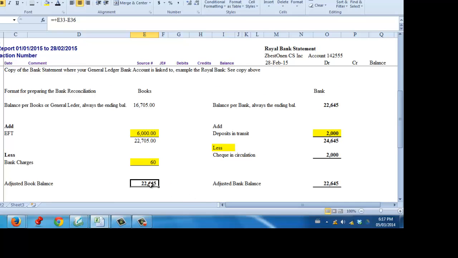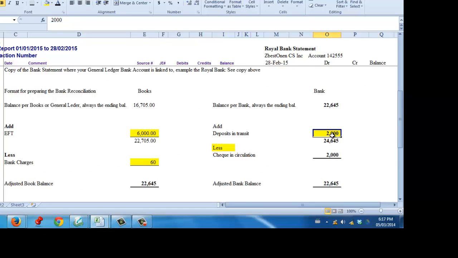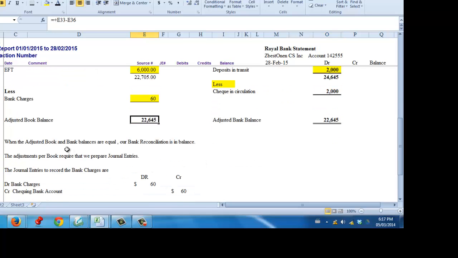Our adjusted book balance is $22,645. If we go to the bank balance of $22,645 at the end, we add a deposit in transit, and we also have a check in circulation of $2,000. The adjusted bank balance is $22,645 compared to $22,645. Therefore, when the amounts are equal, we say that our bank reconciliation is in balance.